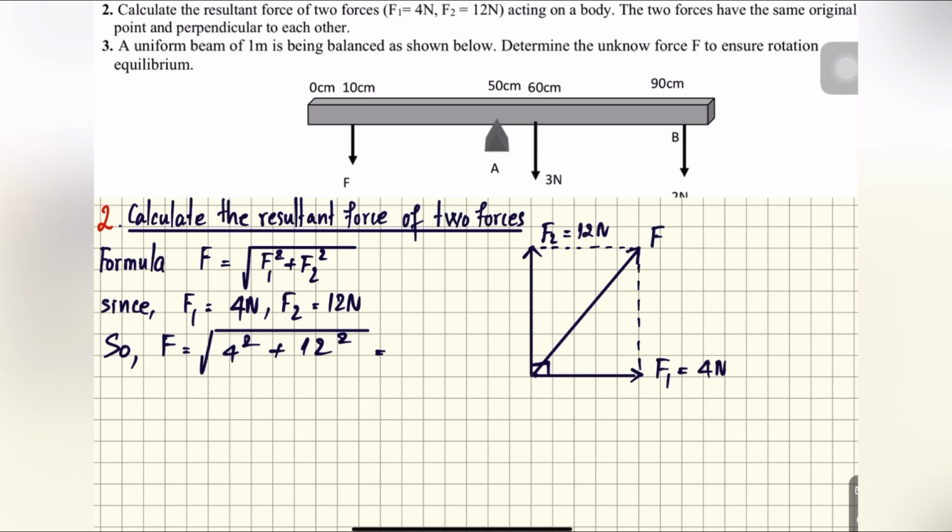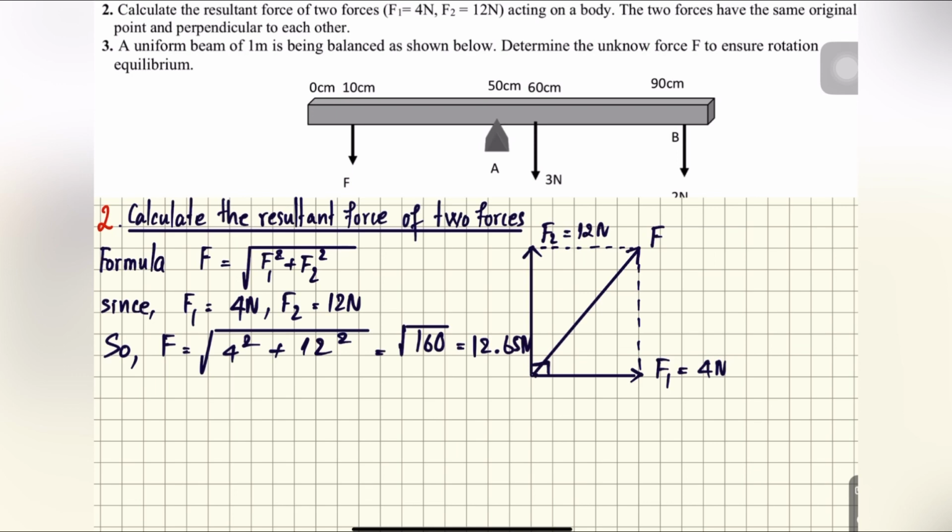You may take 160 out of the square root. 160 out of the square root is going to be 12.65 newtons. So here is the resultant force between the two forces.